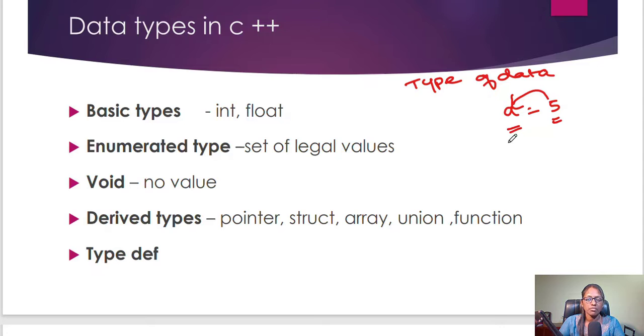So when you are defining the type of the data, it is called a data type. There are various data types in C++: basic data type, enumerated data type, void, derived data type and typedef. The basic data types are integer and float.